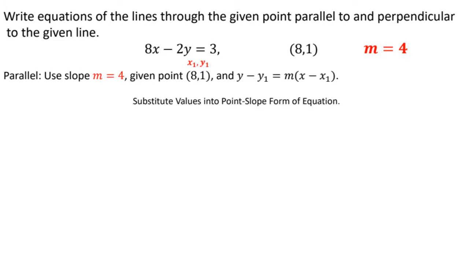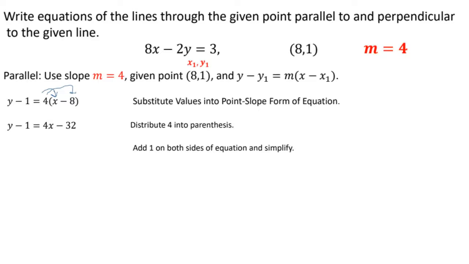So let's replace those. We know our m, which is our slope. We replace these variables and simplify. By now you know that the computer wants the answer in slope-intercept form, so we solve for y and we get y is equal to 4x minus 31.